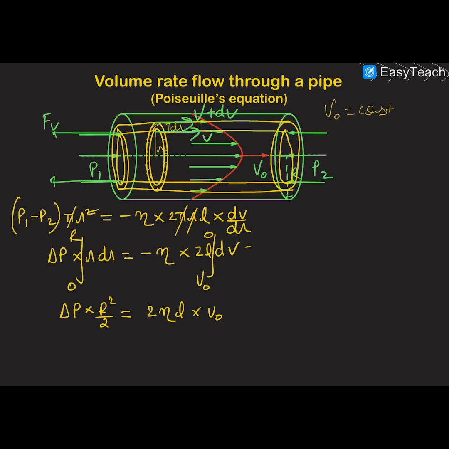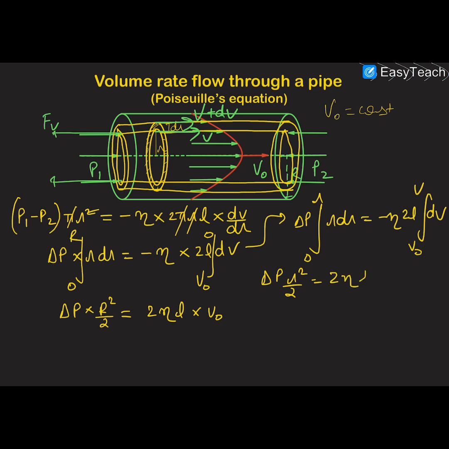Now if we substitute the limits from 0 to small r, the limit of dv will be from v0 to v. So in this case, delta P into r square by 2 will be equal to 2 eta L into v0 minus v.